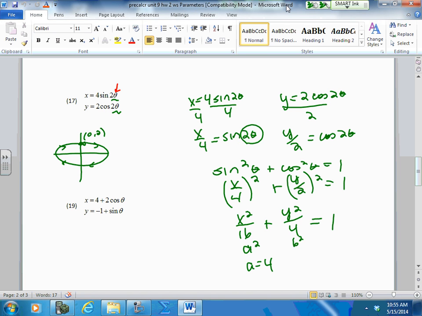This is your minor. What is B equal to? 2. Oh, look, didn't we say 0, 2 on that, right? What's your center at? 0, 0. So we took a parametric of your ellipse, we eliminated the parameter, and made your ellipse equation.